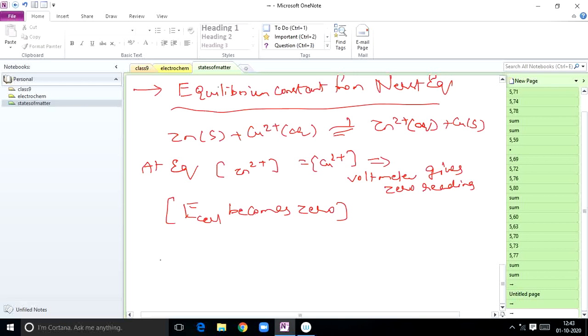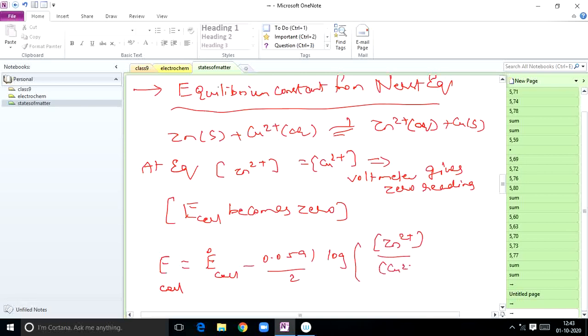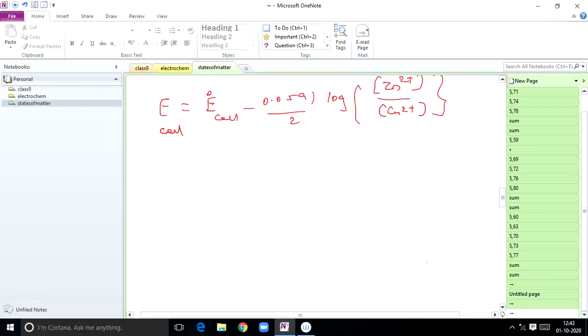So what is the Nernst equation? Direct equation: E cell is equal to E naught cell minus 0.0591 by 2 into log of concentration of Zn2 plus by concentration of Cu2 plus. So here what happens, students? At equilibrium, E cell becomes equal to 0, EMF of the cell becomes 0.